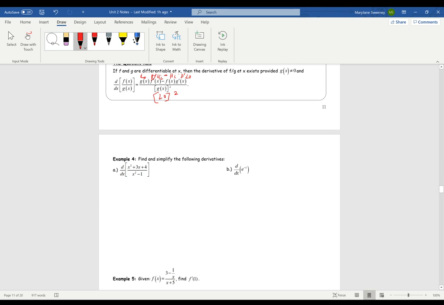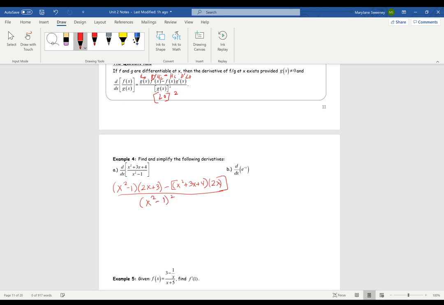So here we have a quotient. To take its derivative, we are going to do low d high, derivative of the numerator, minus high, which is all of that, d low, derivative of the denominator, 2x, all over low squared.